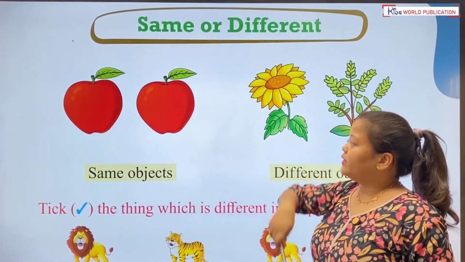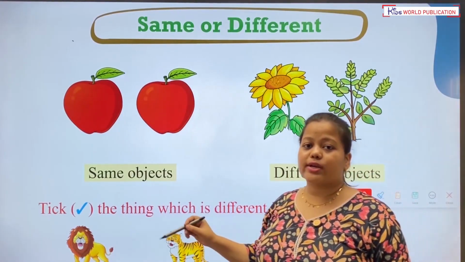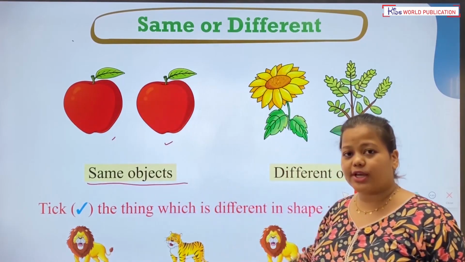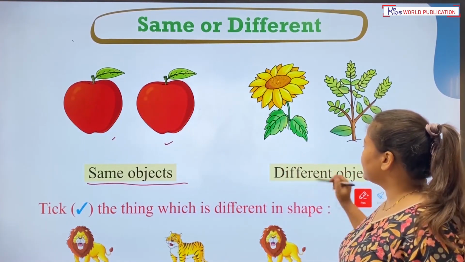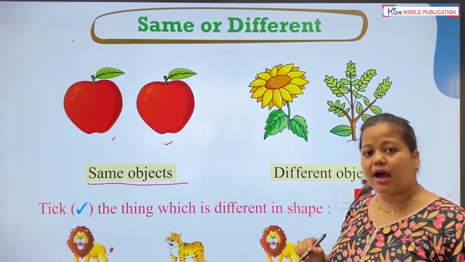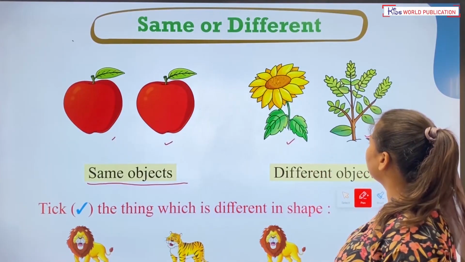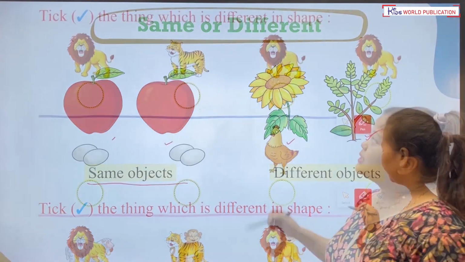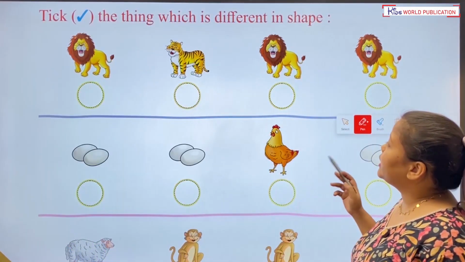Same or different. Here you can see two apples. These are same objects. Here you can see two different plants. This is a flower and this is some plant. So these are different objects. Take the thing which is different in shape.